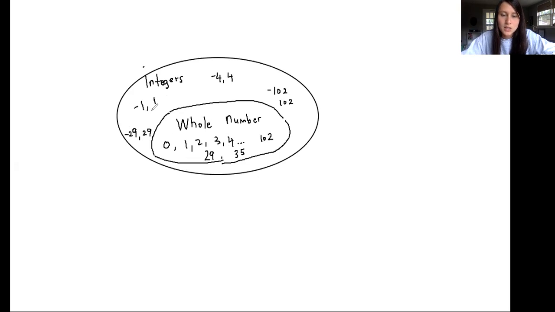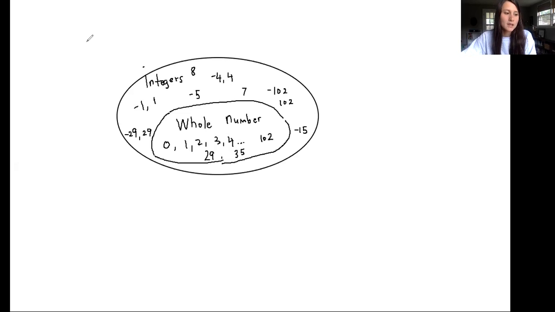So any of these integers, so we could say -5, 7, 8, I don't know, -15, right? So any whole number that can be written as a negative is counted as an integer.